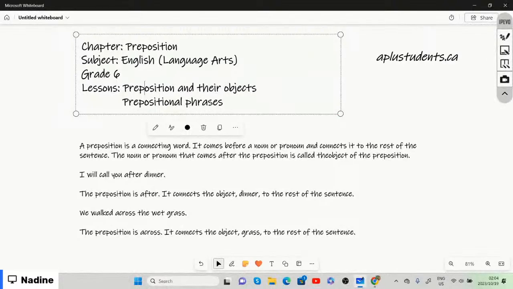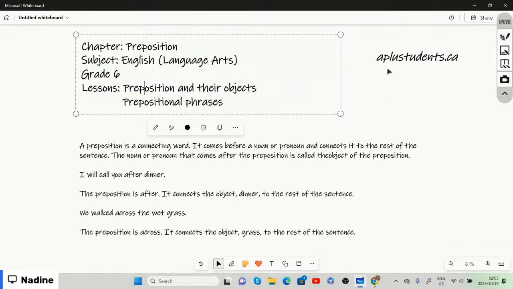That is going to be our 2 lessons. But like I said, in our previous lesson we identified prepositions, so we are first going to recap on that lesson before we go into our lessons for today.